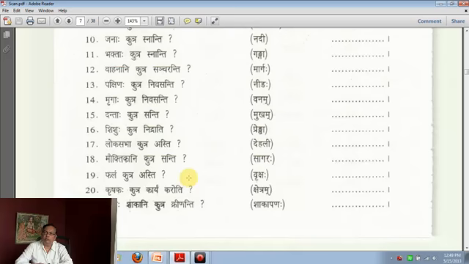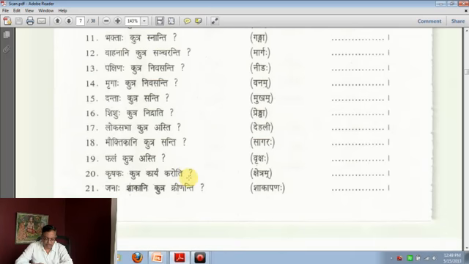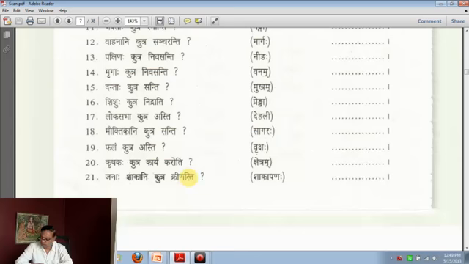कृषकः कुत्र कार्यं करोति? Where does a farmer work? In the field. कृषकः क्षेत्रे कार्यं करोति. क्षेत्रं, क्षेत्रे in Saptami. 21st. जनाः शाकानि कुत्र क्रीणन्ति?